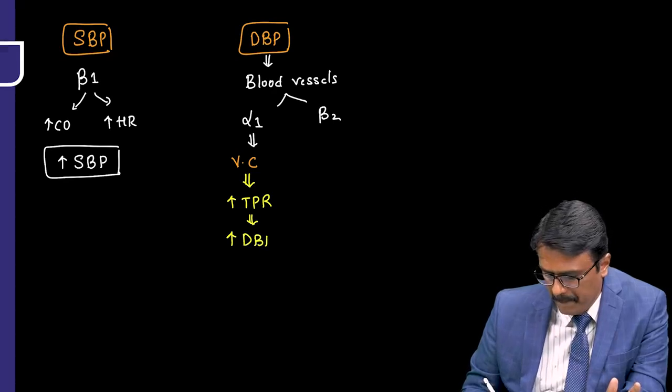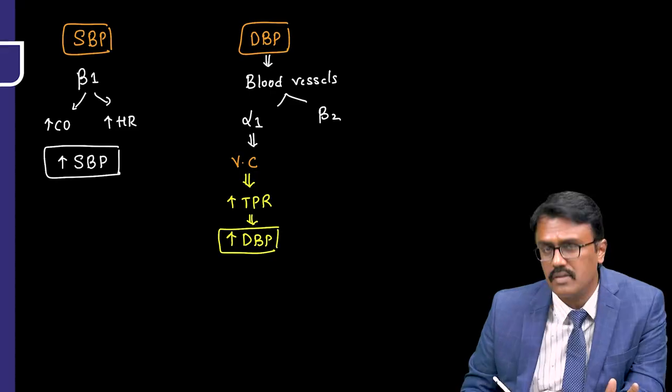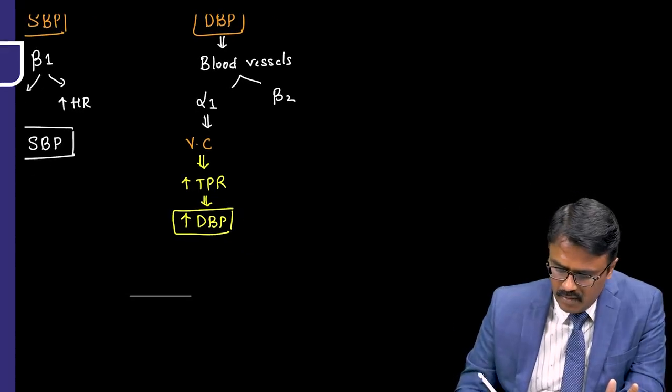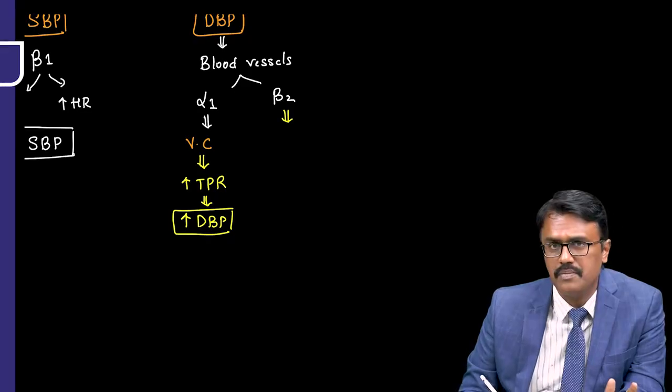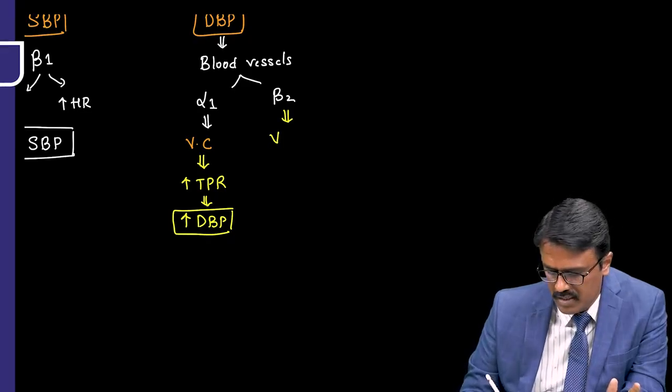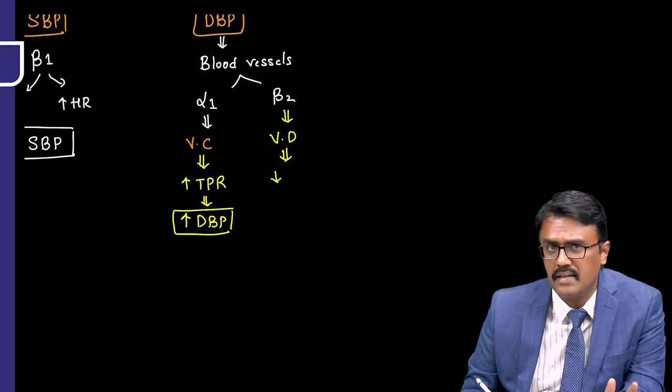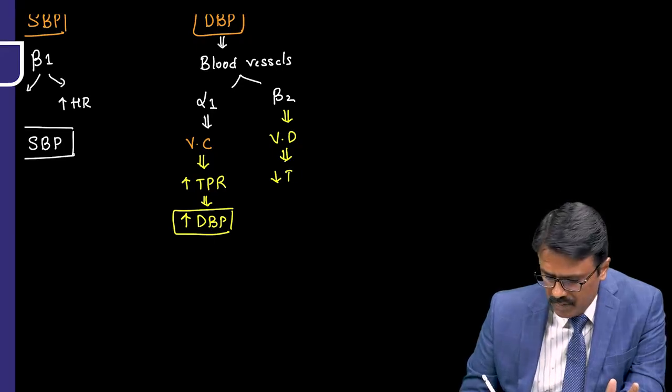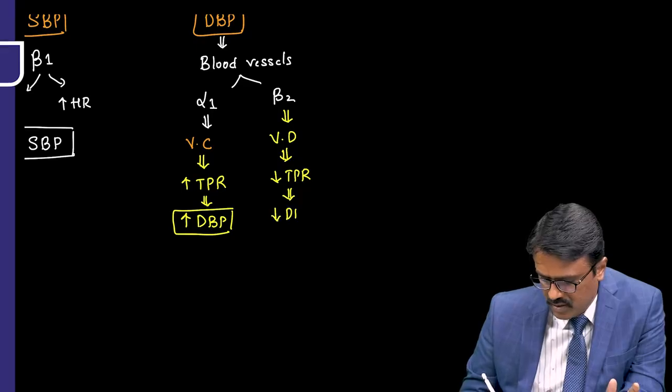Diastolic BP. So, alpha 1 action is to increase diastolic BP. Now, what about beta 2? The action of beta 2 is to cause vasodilation. And when it causes vasodilation, there is decrease in total peripheral resistance, and that will lead to decrease in diastolic blood pressure.